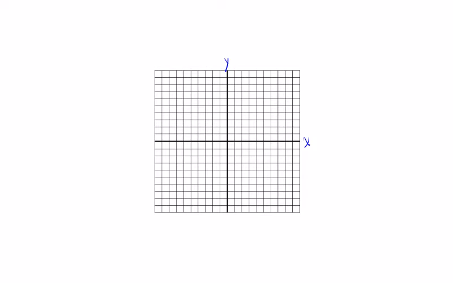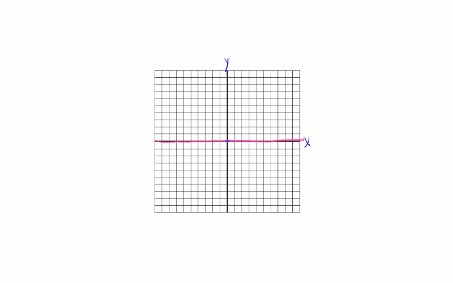The x-intercept is where a graph crosses the x-axis, right? So anywhere along the x-axis, what stays the same? What remains constant? If you're thinking the y value, right, because anywhere along a horizontal line, the y value stays the same. Here at this point, y is equal to 0.